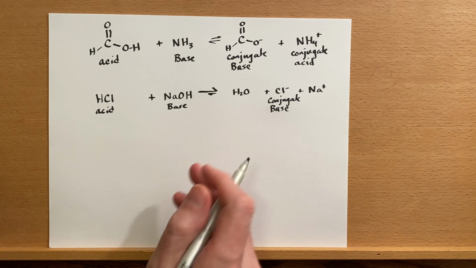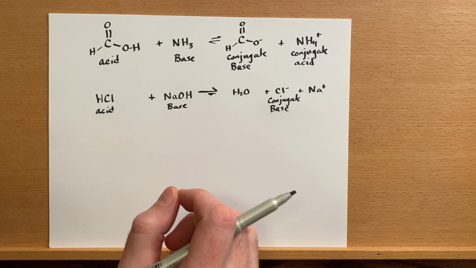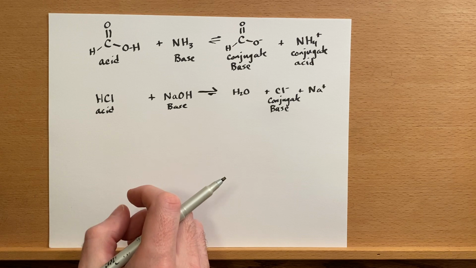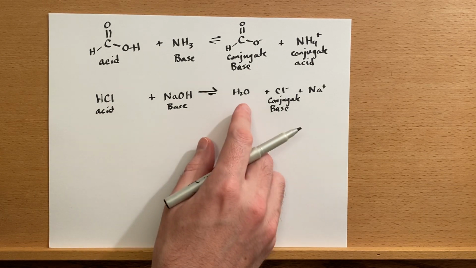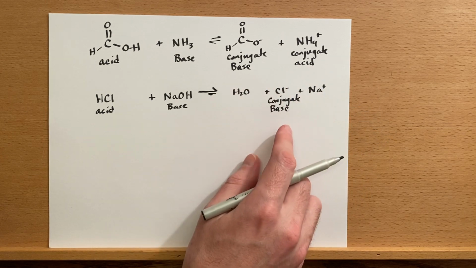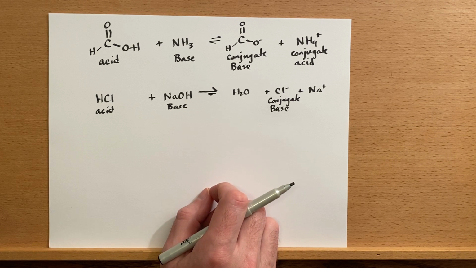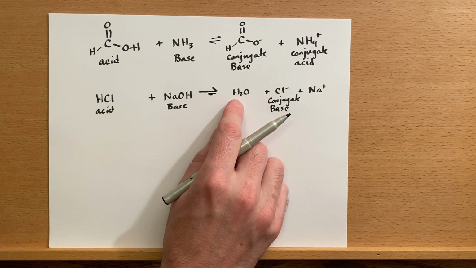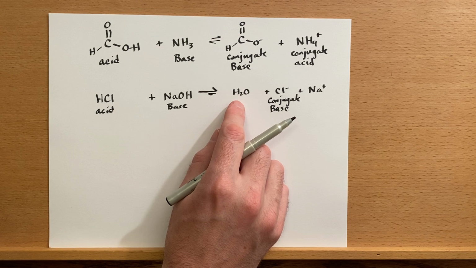And now we have to identify what picked up or what gave the proton, or what could give the proton over here. Which of these species could be the acid? Well, if this reaction were to go backwards, the only place protons could come from is the water. And so I suppose this should be called the conjugate acid.